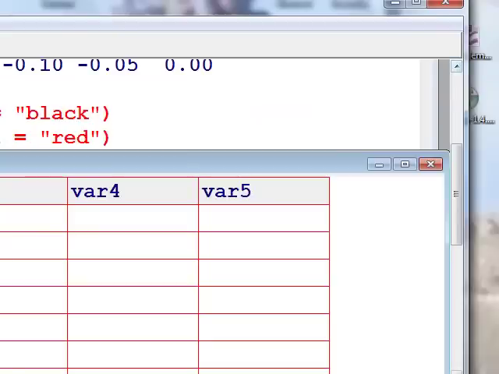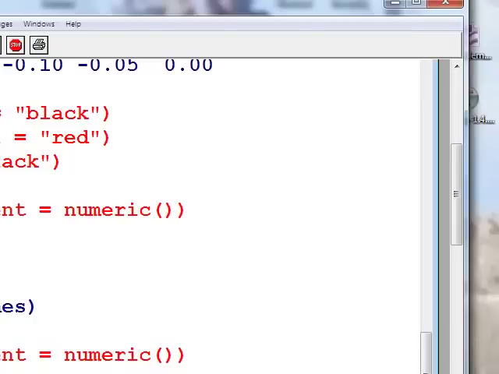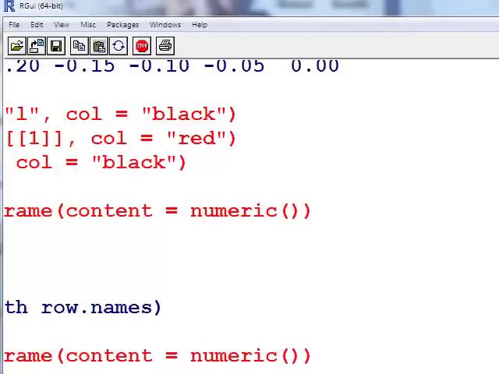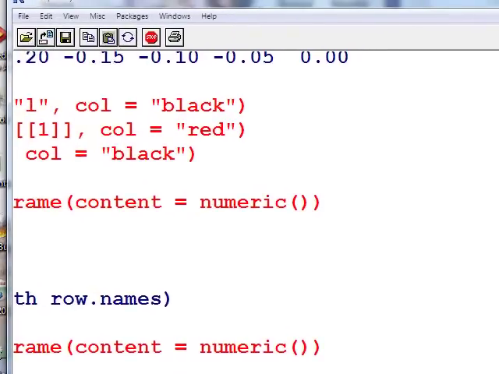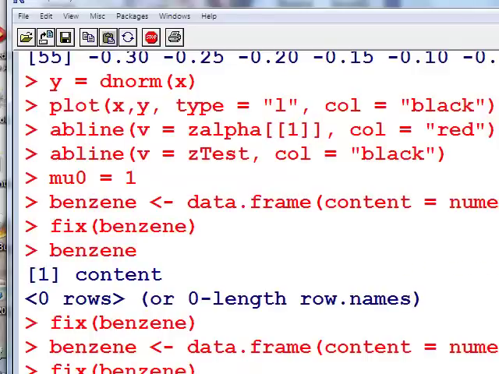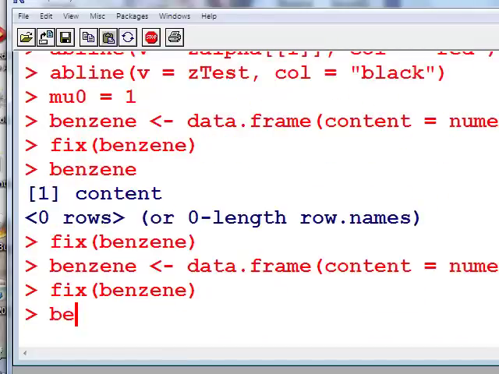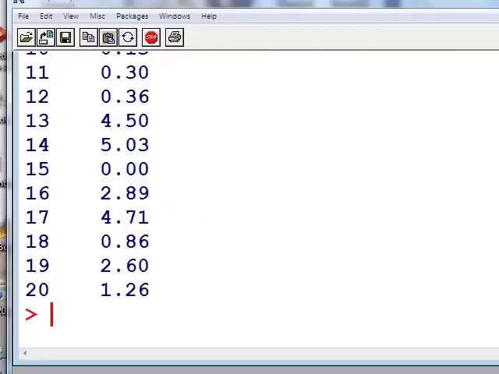So here I am closing just the fix window and not all of R. If you do that, it's not the end of the world. You just get to enter everything again. I'm moving R back over so you can see it in the video, and let's see what's in benzene. There it is.